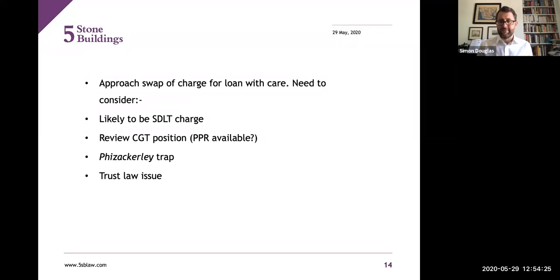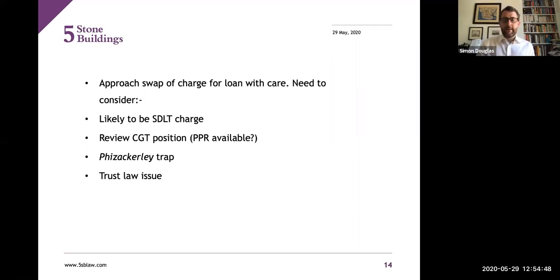I'd probably need to check that, but I think that's what would happen. So there would be a charge, but it would only be upon the amount above the nil rate sum, so the rate of IHT will be very low.